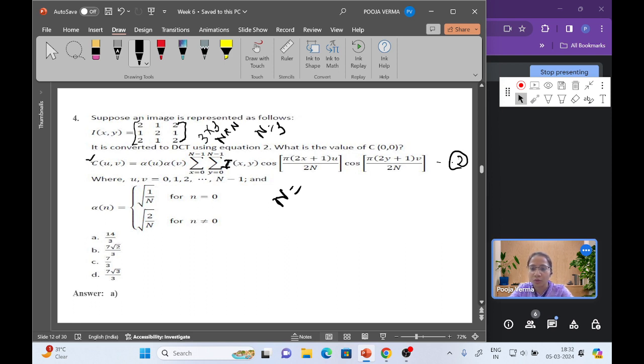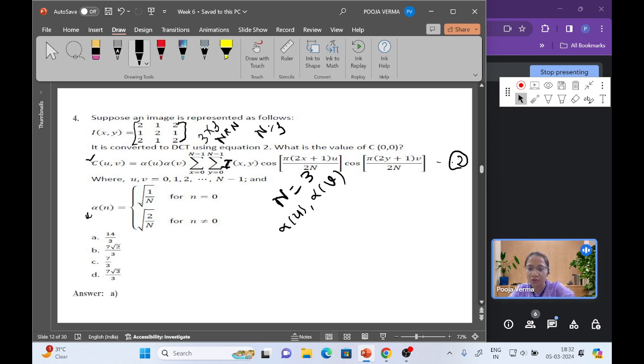In order to find alpha u and alpha v, we can calculate from this equation. And u and v vary 0 to n minus 1, so 0 to 2. It depends on the values of u and v. Then we calculate from there.